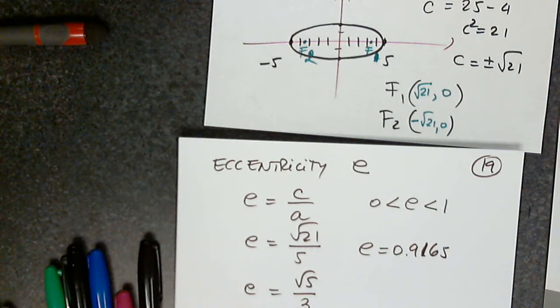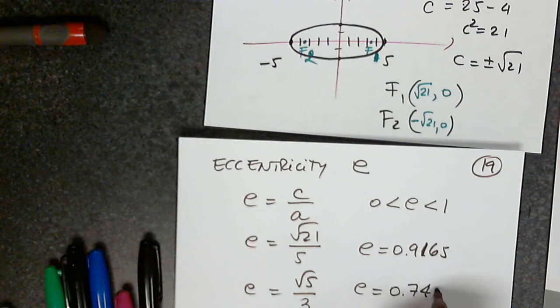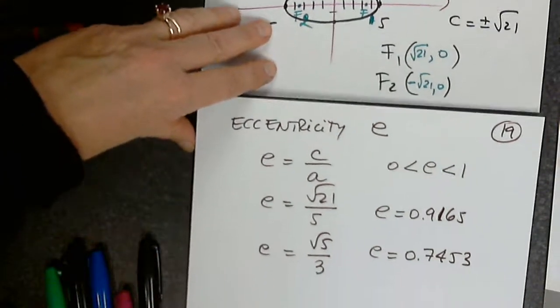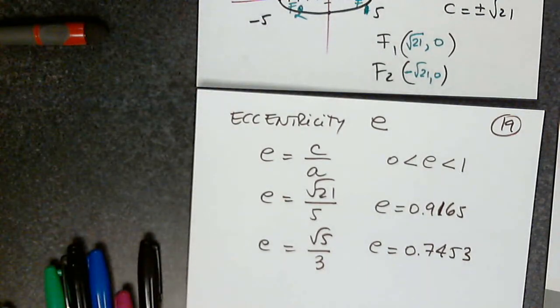Always divide by the longest. So the square root of 5 divided by 3, I got E equals 0.7453. Is this expected? Yes, we expected to get a lower eccentricity. The higher the eccentricity, the further away from the circle.